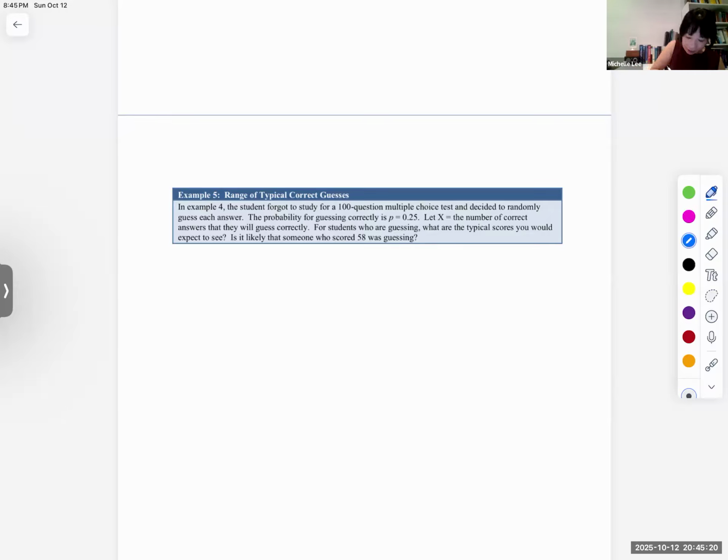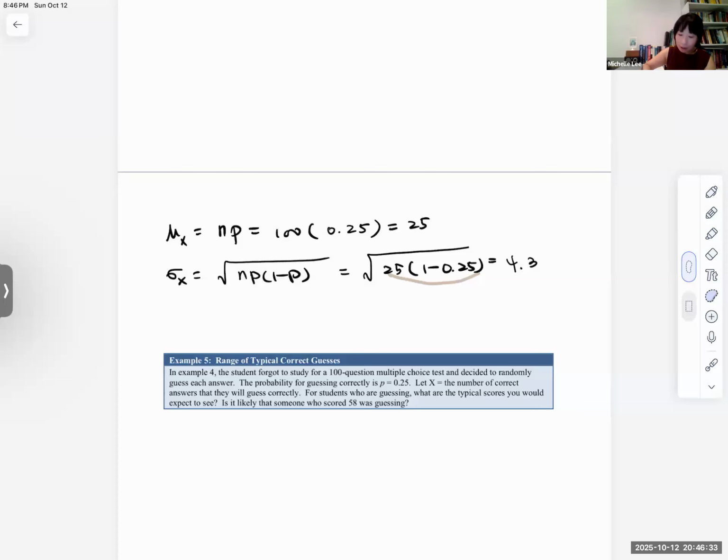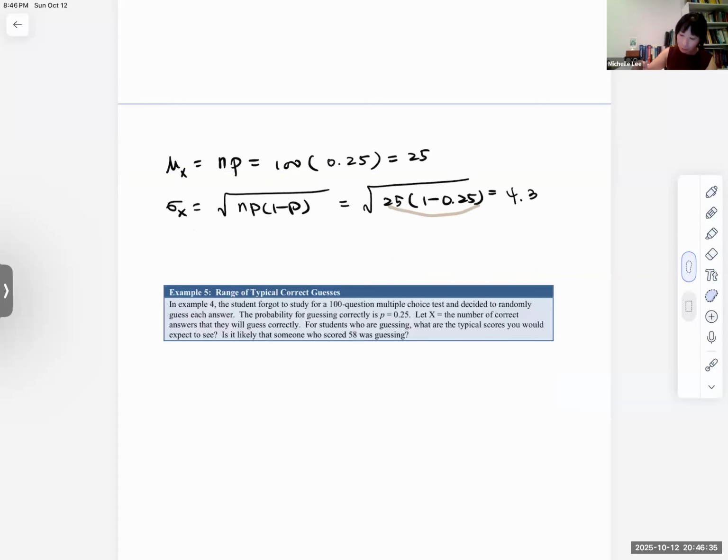So let's see. We have mu minus 2 times sigma. Oops, I don't know the values. Let me bring them in. Mu and sigma, right? I got this information from the previous question.